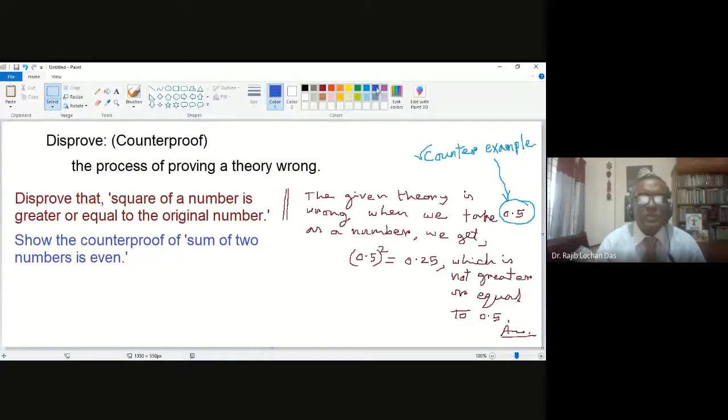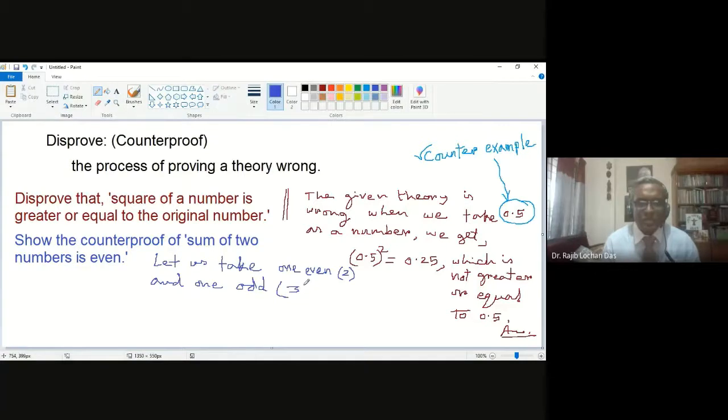You can write it like: let us take any one even number and one odd number. One even number maybe 2, one odd number maybe 3.